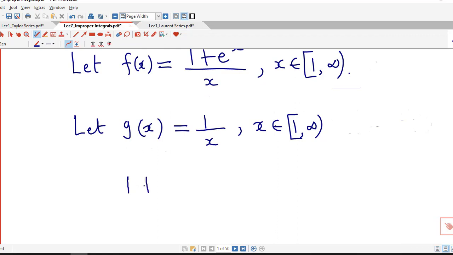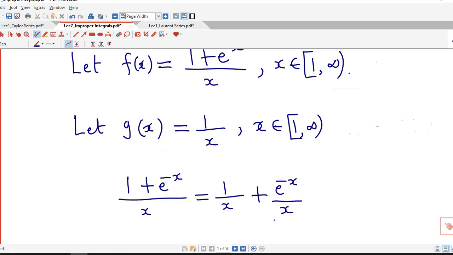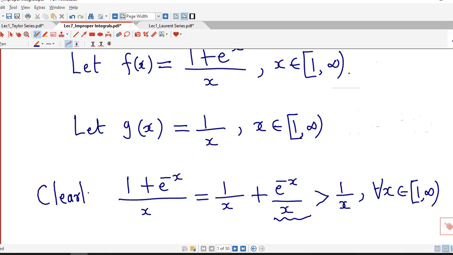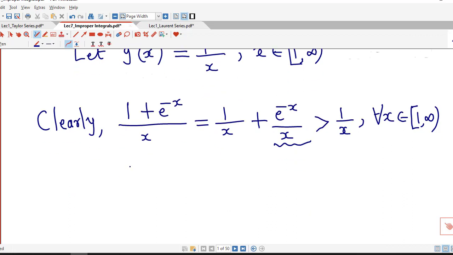First we can write our function fx in this way. It can be written as 1 by x plus e raised to minus x by x. Now this quantity e raised to minus x by x is always positive because x is running from 1 to infinity. So for any value of x from 1 to infinity, fx is always bigger than 1 by x. This is obvious.